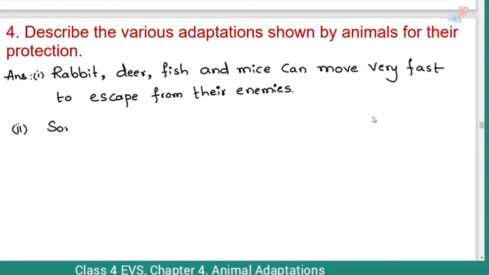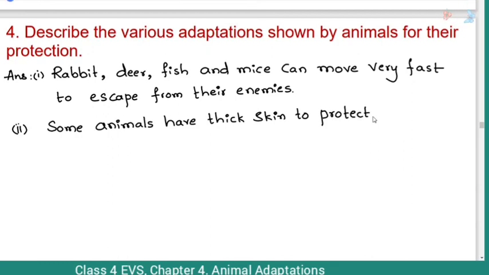Second one, some animals have thick skin to protect them from the hot climate.